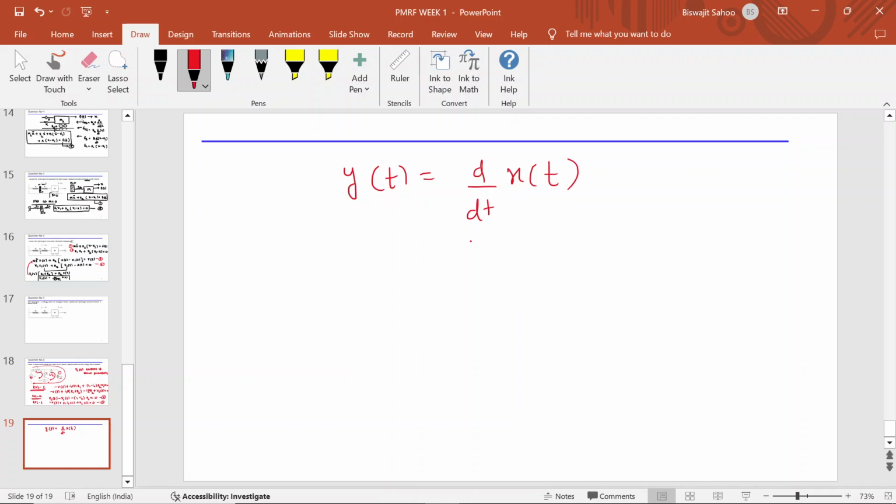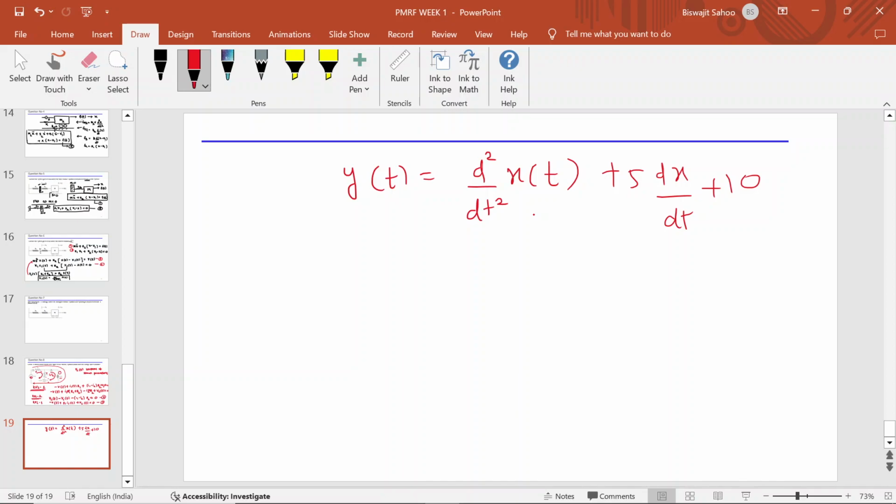Is this what you are asking, sir? The equation is d square y by dt square plus 5 into dy by dt plus 10 is equal to x of t. Okay, it is the opposite: I just wrote y of t in terms of x, and you are saying x in terms of y, right?